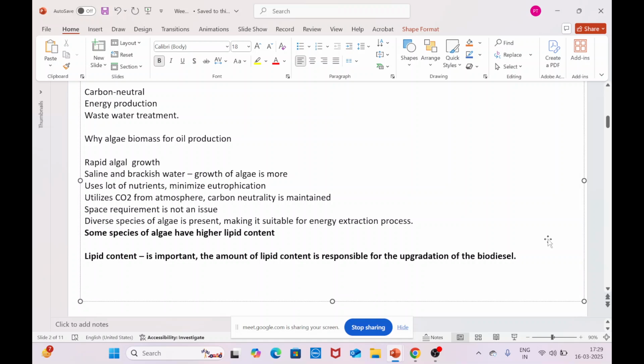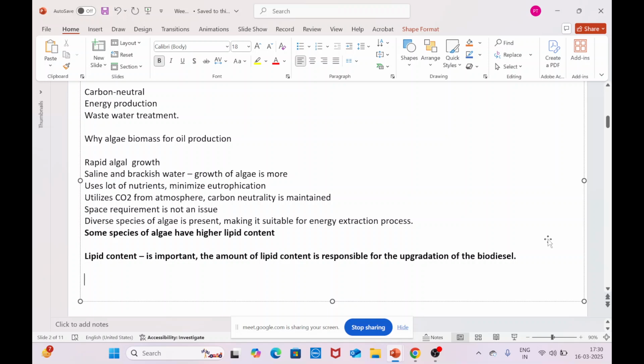The upgradation typically depends upon the lipid content. This is an important factor which we need to remember, because the entire four sessions on this concept revolve around the impact of lipid content on the energy production process.